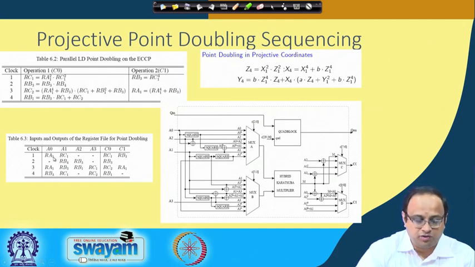RA1 stores the coordinate x1 and RC1 stores the coordinate z1. So, when you want to multiply RA1 square into RC1 square, this multiplier should receive through this multiplexer the inputs A0 square and A1 square.